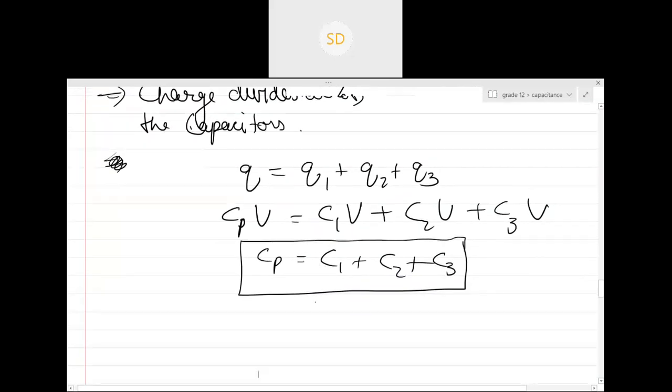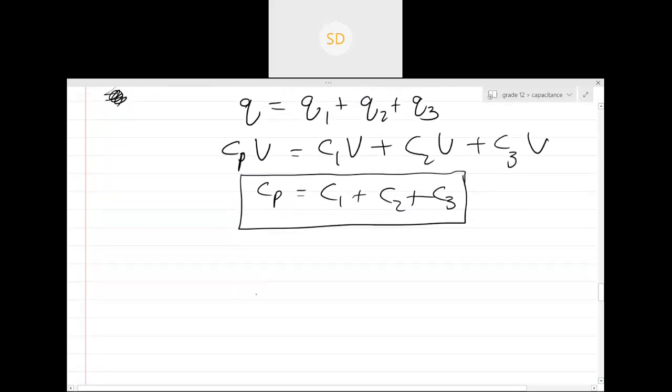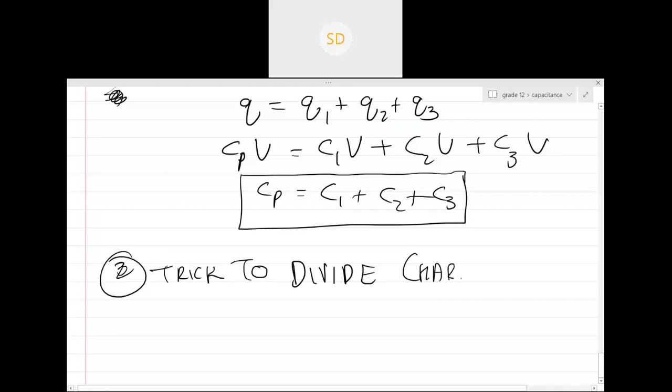Again, guys, the charge coming out of the battery will be C net into V, right? Again, there is a trick to divide charges in parallel.